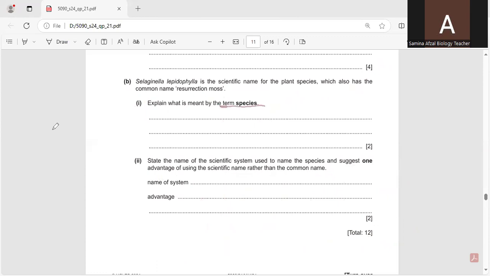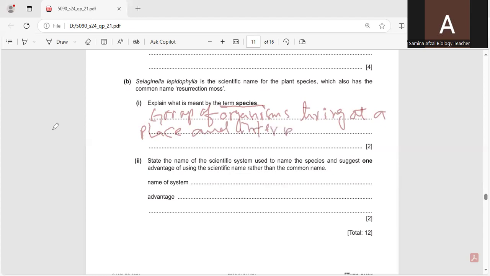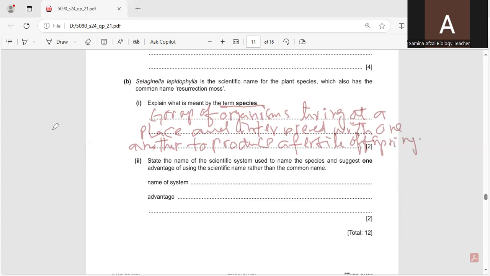Species is the group of organisms living at a place and interbreed with one another to produce fertile offspring. So if fertile offspring are produced, it means they belong to the same species.